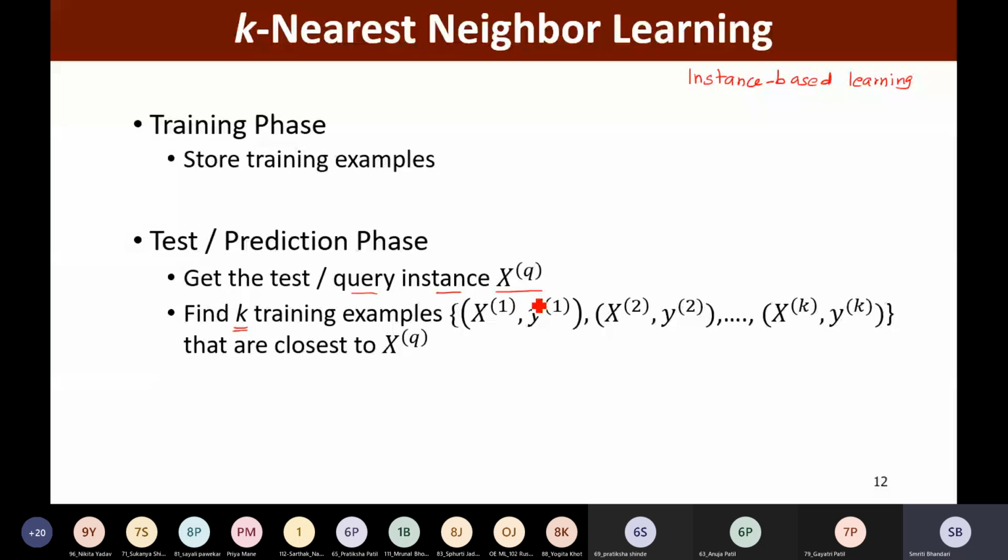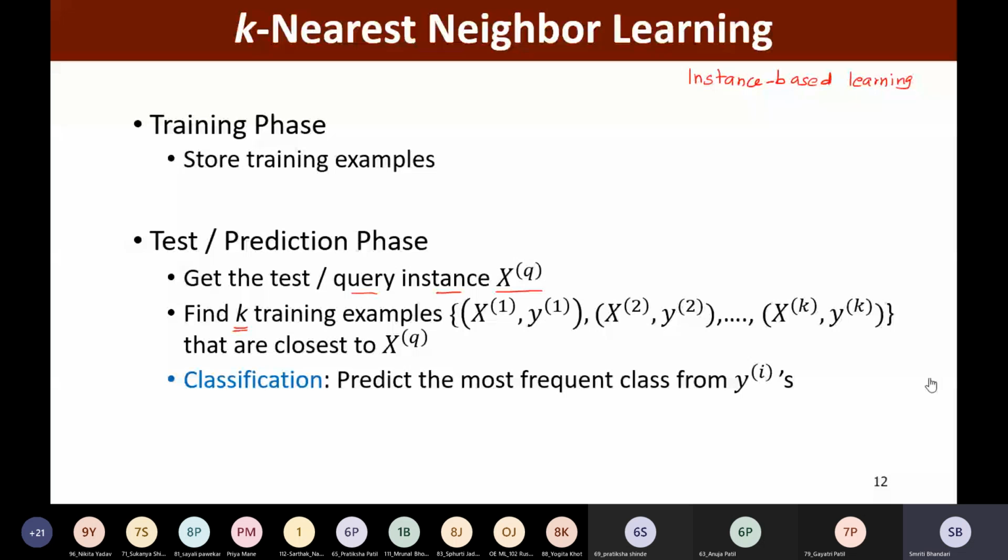Let us assume that the k training examples closest to xq are denoted as x1 y1, x2 y2, and so on up to xk yk. So these are the k samples that are closest to xq.